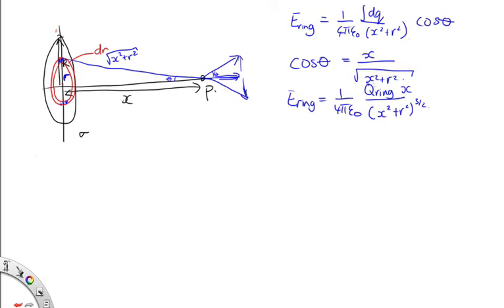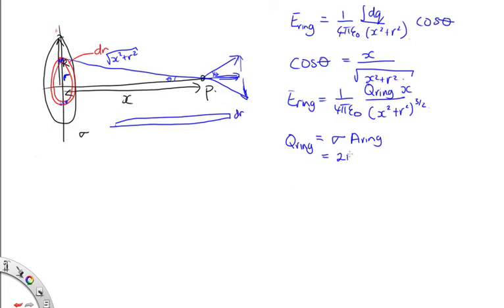Now before we go on, let's just work out what Q ring is. We know that this disk has a surface charge density sigma. So the charge of the ring will be sigma times the surface area of the ring. What we can imagine is that this ring is a rectangle. It's got thickness dr and the length is equal to the circumference of the circle.